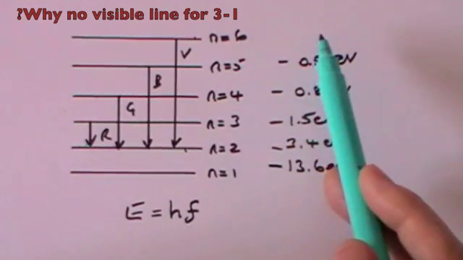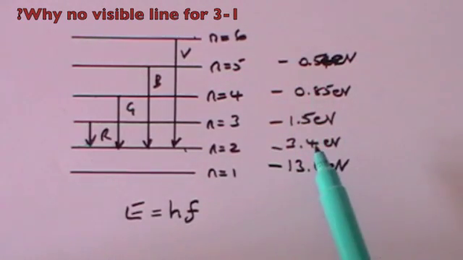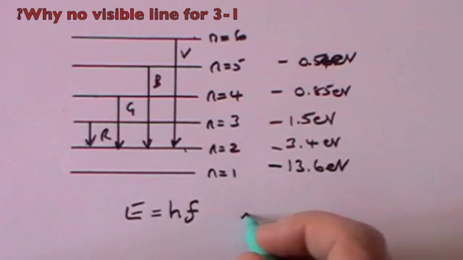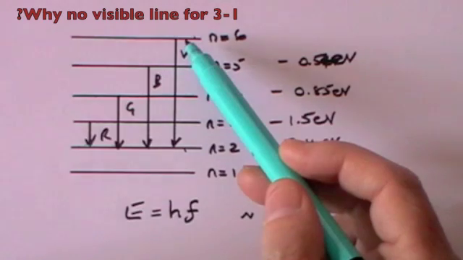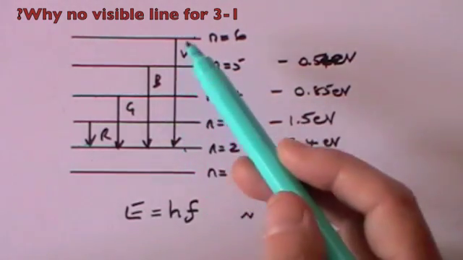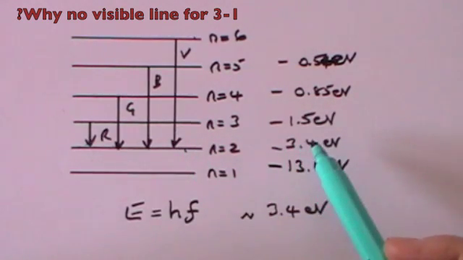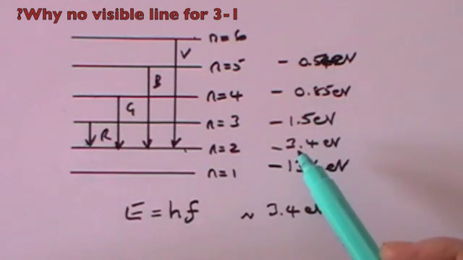The n equals 6 level we're not given, but it obviously is quite a small amount. So the violet transition is going to be of the order of 3.4 electron volts. N equals 6 will not be 0, but even if it were, the energy difference between n equals 6 and n equals 2 would be 3.4 electron volts, and that would give you a violet line.